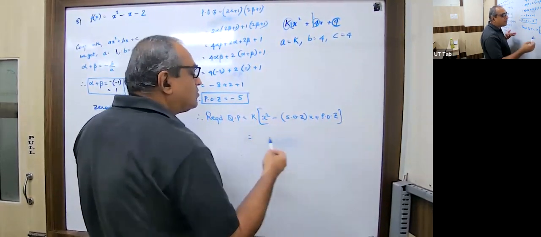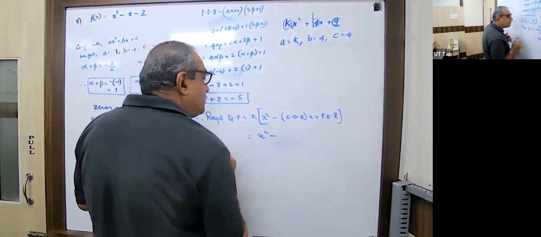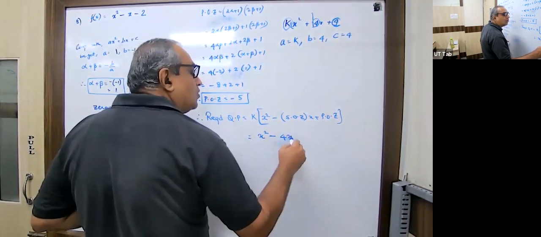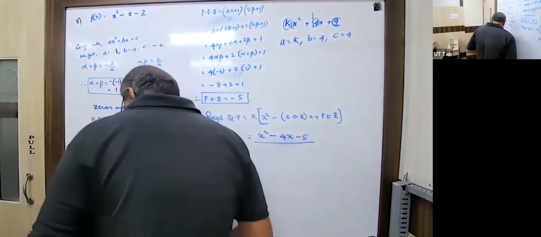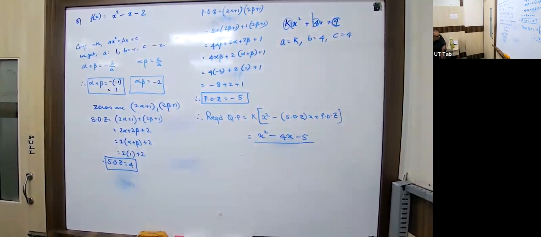Here there is no denominator, so k will be 1. x squared minus what was the sum of the zeros, 4. What is the product of the zeros? You understand? Yeah. Complete.